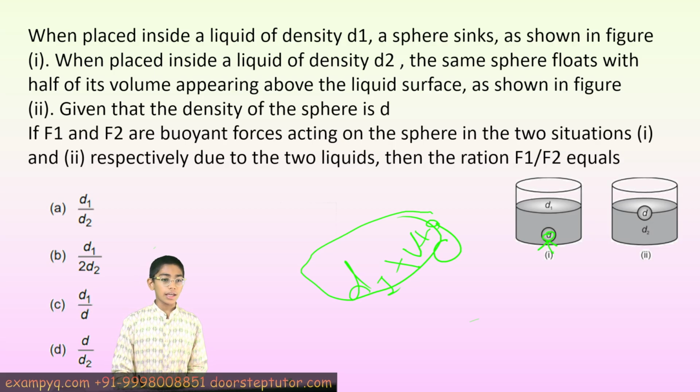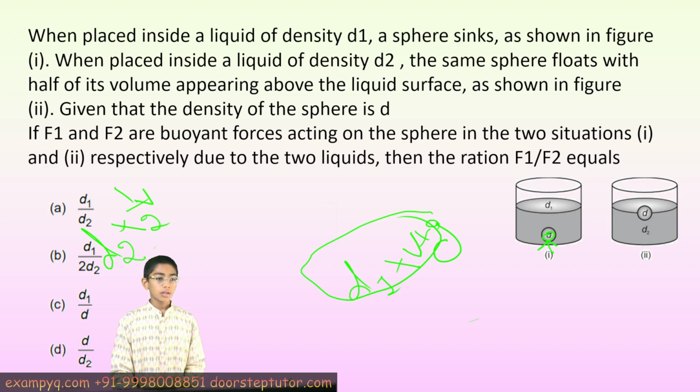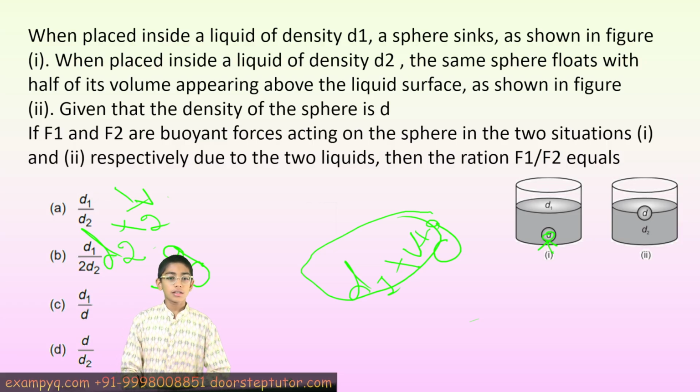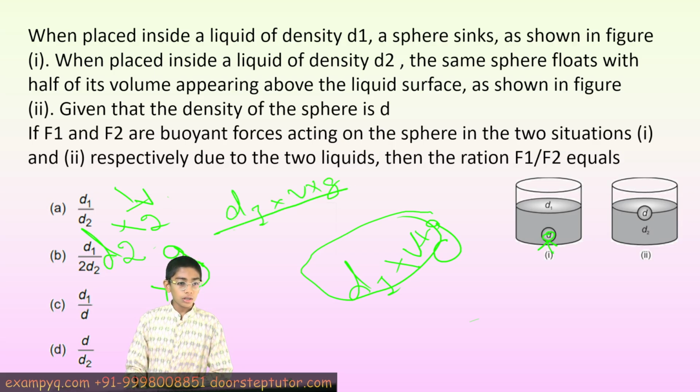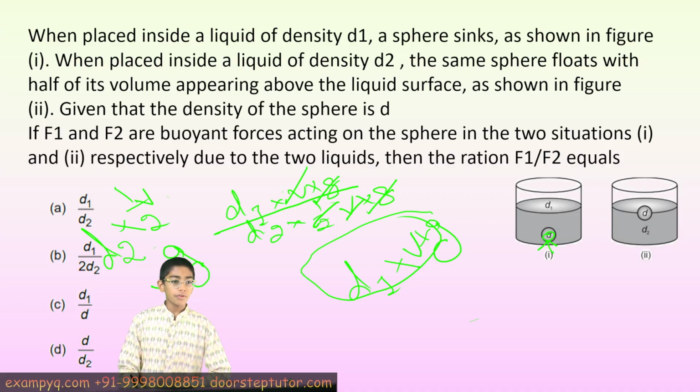In the second case, the density of the liquid is d2, multiplied by the volume of the liquid displaced, 1 by 2 V, multiplied by g. So the ratio of the forces is d1 into V into g upon d2 into 1 by 2 V into g. We can cancel both the g's and both the V's, and then we get 2d1 by d2.